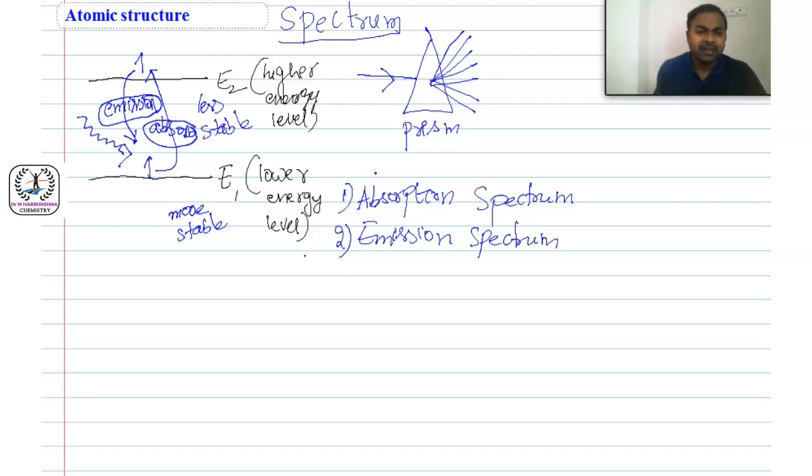So when an electron present in a lower energy level absorbs energy and goes to the higher energy level, we can observe the absorption spectrum. Then the electron in the higher energy level is less stable, so it comes down by releasing some amount of energy, because it only needs lower energy to be present in the E1 level. Then while coming down, the electron emits some amount of energy, and we can observe the emission spectrum.